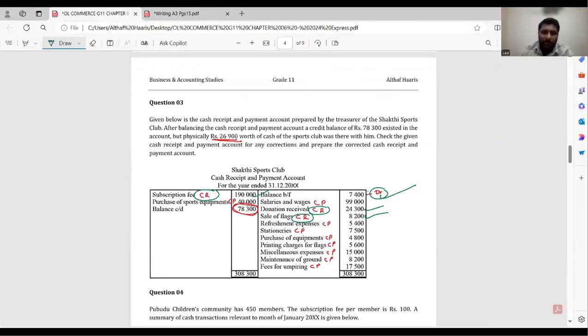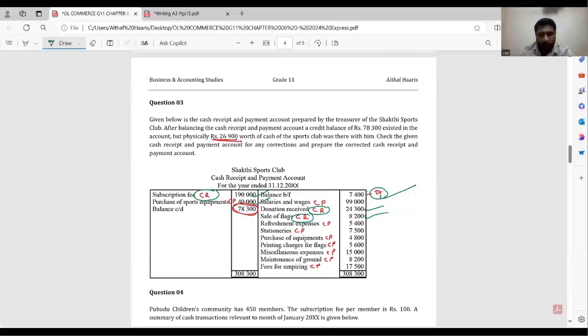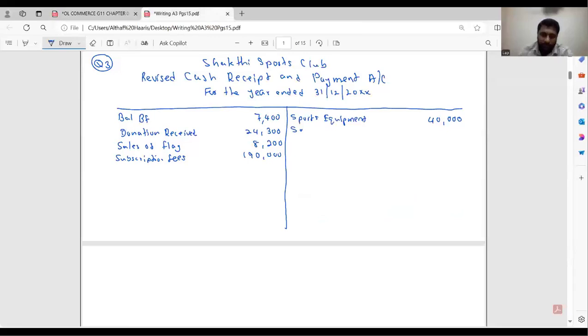Purchase of sports equipment 40,000. Salaries and wages 99,000.